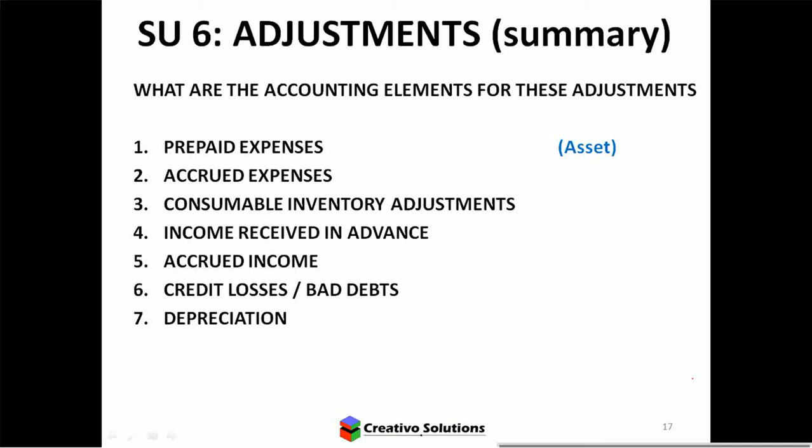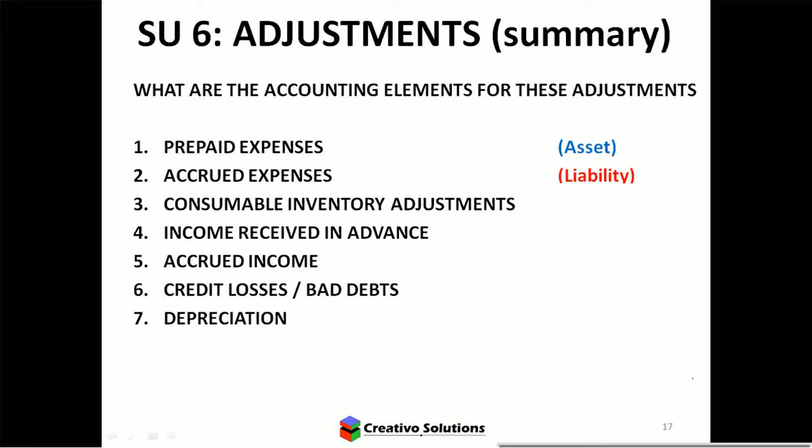It's your adjustments for the stuff that you haven't used. Perfect. So if I haven't used something, what is that? It's an asset. Okay, do you agree? Yes. So if I haven't used it, does it meet the definition of a resource?